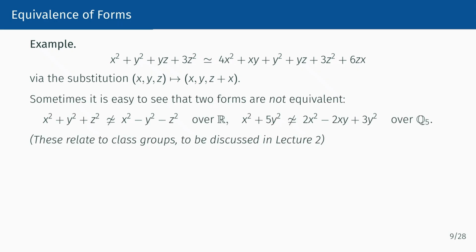Sometimes it's also easy to see that some forms are not equivalent. For example, this first example here, x squared plus y squared plus z squared, is not isometric to x squared minus y squared minus z squared. You can see it by just looking at the eigenvalues. The x squared plus y squared plus z squared is positive definite, and you don't have any vectors with negative length.